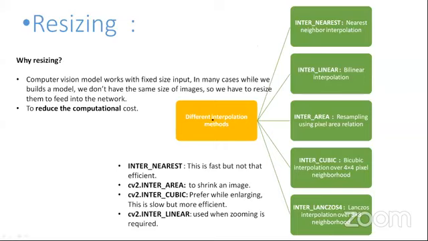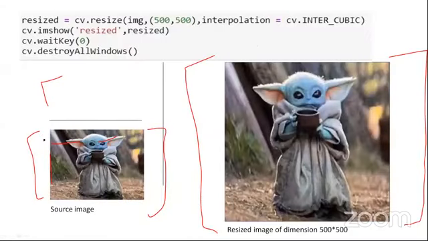So in OpenCV we have different kinds of interpolation to do the task for you: nearest interpolation, linear interpolation, area interpolation, cubic interpolation, and Lanczos. All these interpolations have different advantages. First, I would like to tell what nearest interpolation does.